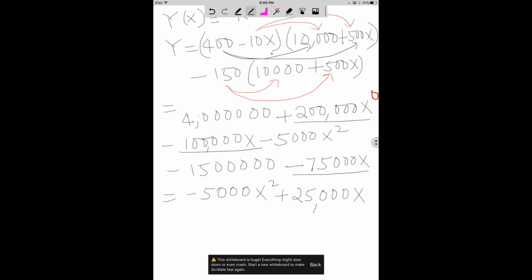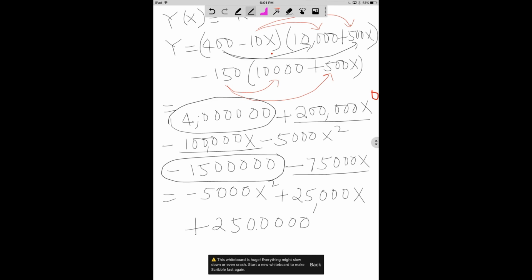Then the constant term: 4 million minus 1.5 million is 4 million minus 1 million is 3 million, minus 500,000 is 2.5 million.